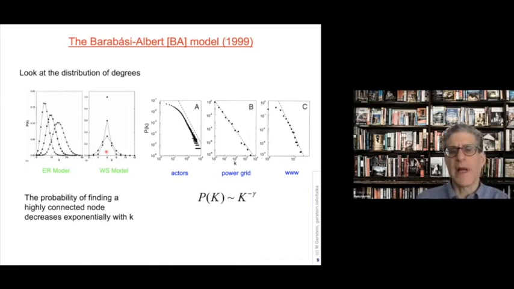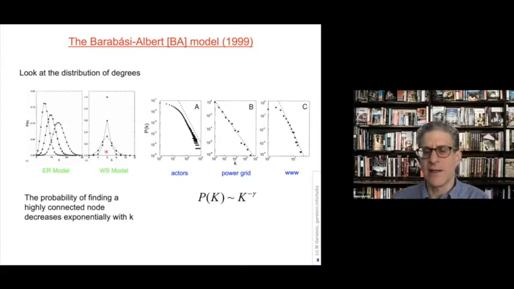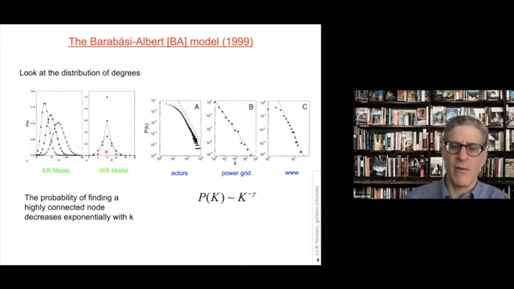And Barabási and Albert looked at a somewhat different type of network around 2000. They looked at what's called a scale-free network. And here, the degree distribution, that is the number of nodes with a particular degree k, doesn't have any characteristic peak. It just sort of falls off.